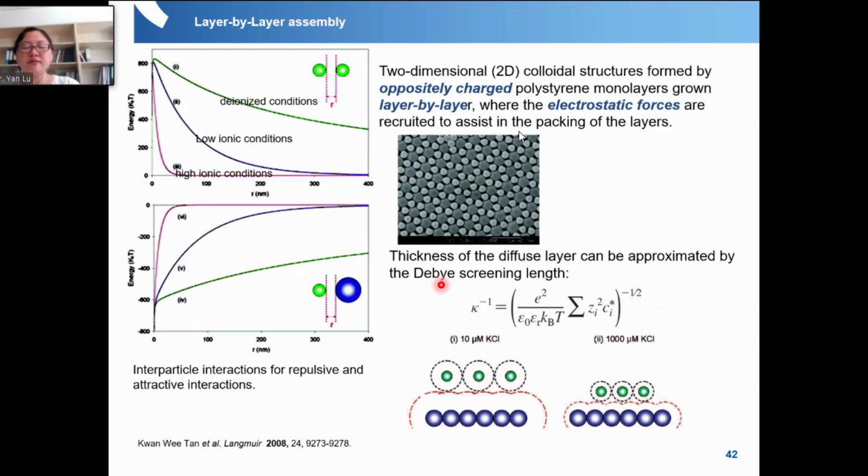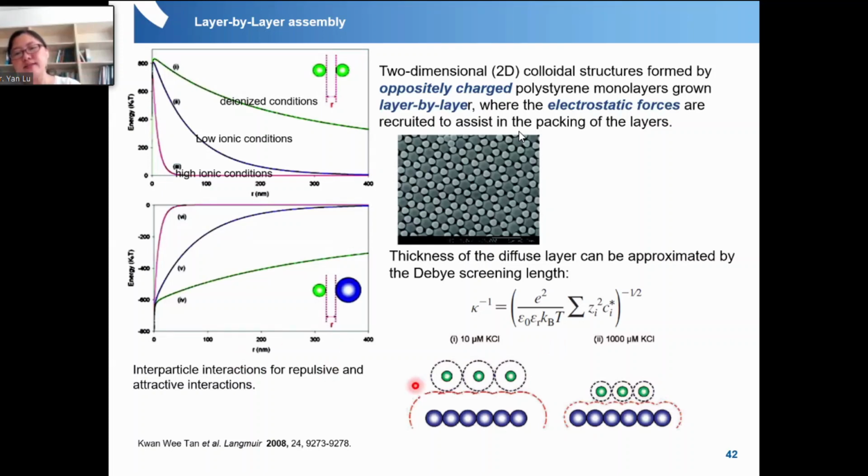If you remember from the very beginning, the salt concentration plays quite an important role because the salt can screen the Coulombic interaction. It means the salt can control the screening length of your surface.